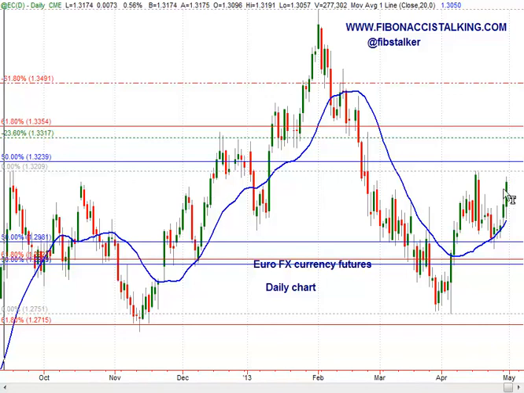So we have two potential outcomes here. The first one is that I'm going to anticipate a continued move higher, at least into this 132.30 area, and then we'll need to see if we get a break.